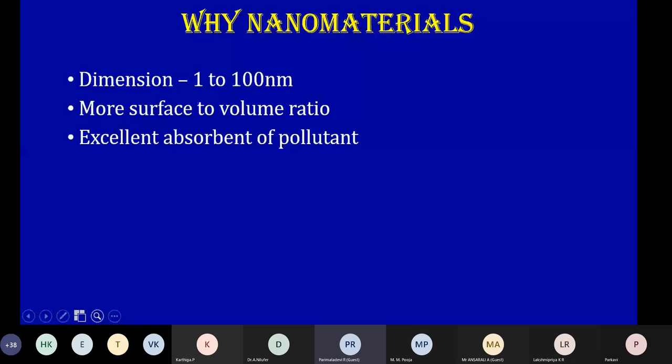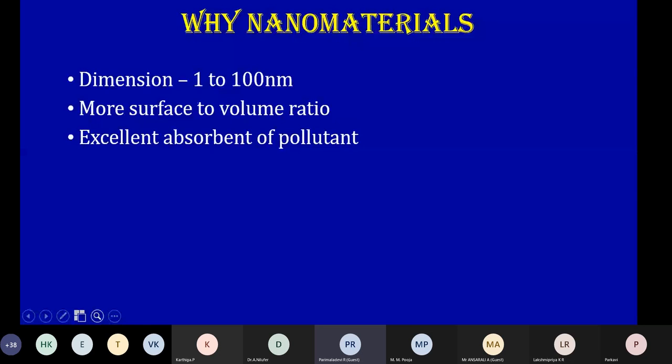Why we are now preferring nanomaterials is because the revolutionary progress in the area of nanoscience and nanotechnology over the last couple of decades has motivated the scientific community to explore this high-potential area of research, where the unique advantageous properties of novel nanostructured materials could be exploited to deliver more for prevailing water-related problems.